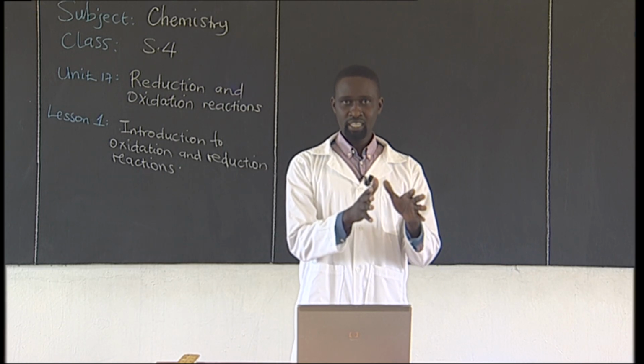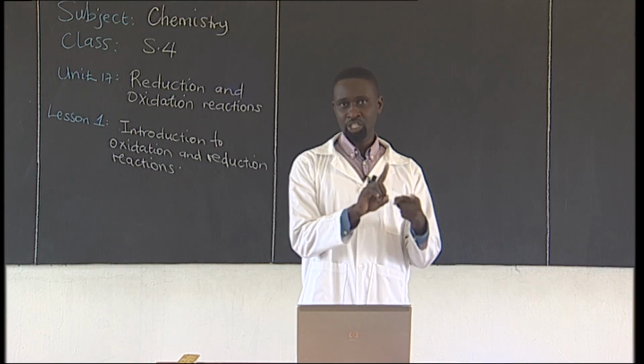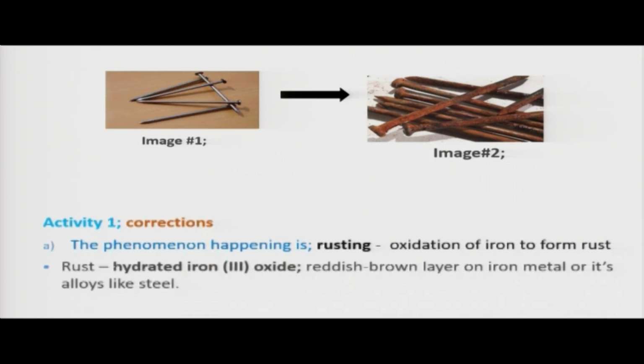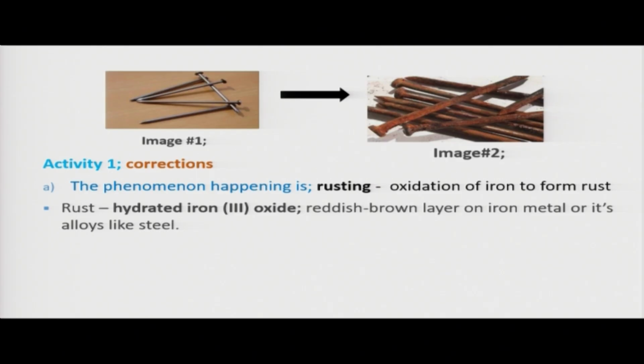So we've seen those questions. Now let's answer each one at a time. I want us to go together answering each question at a time. One, what is the phenomenon happening? Rusting. We all agree. Rusting, which is simply the corrosion of iron to form rust.